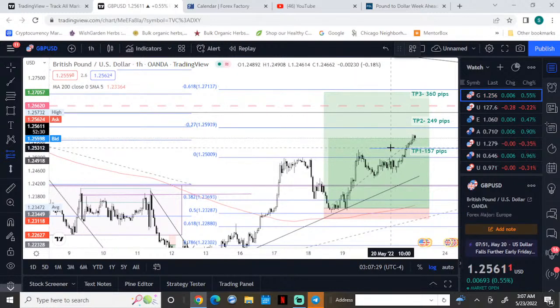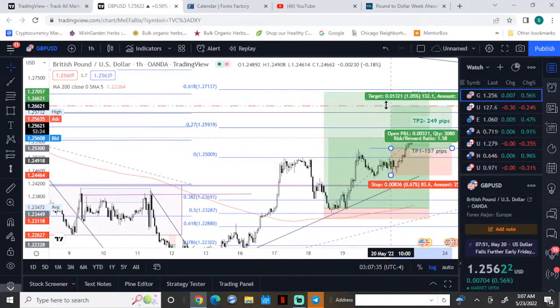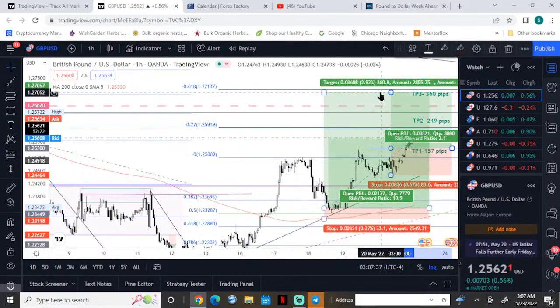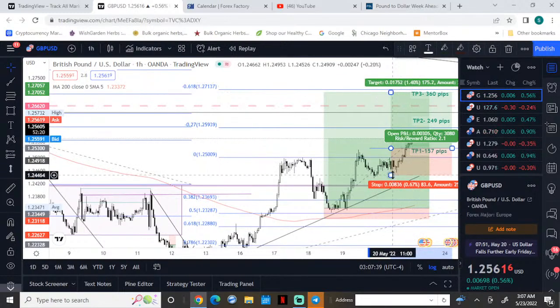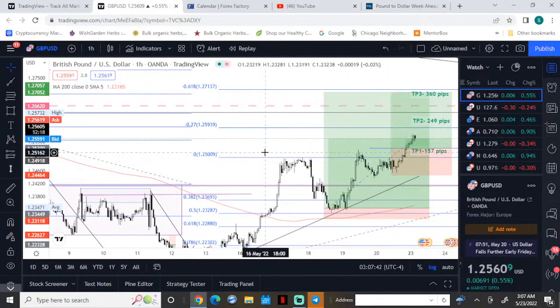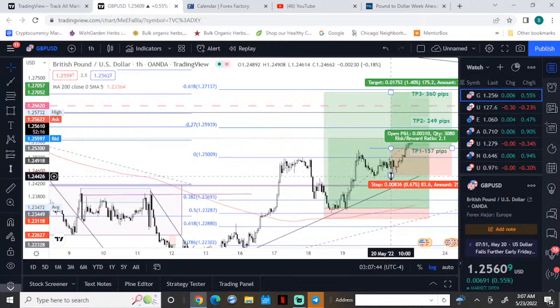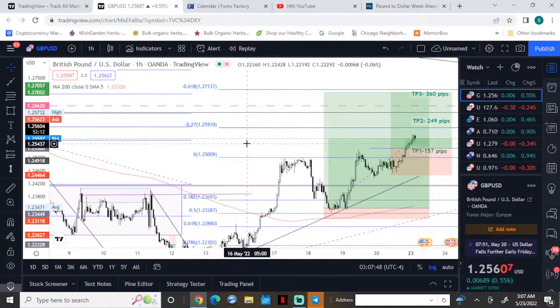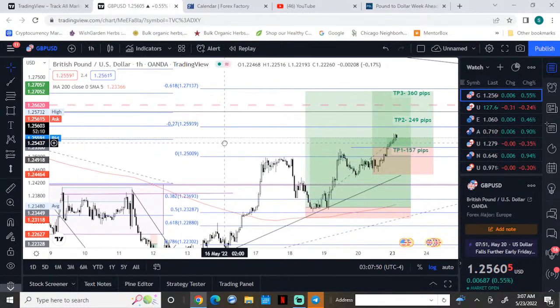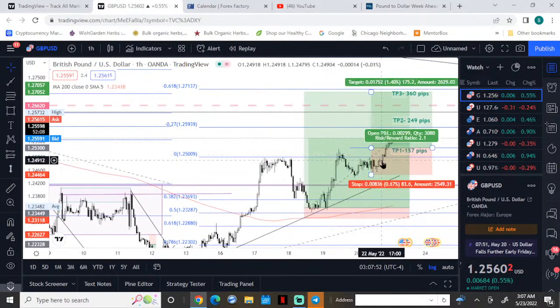Just put another position tool right here. That'll be 175 pips, and my stop loss is at the low for 83 pips.